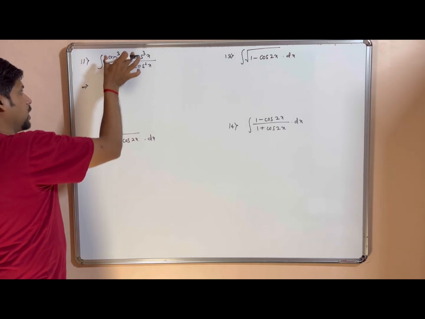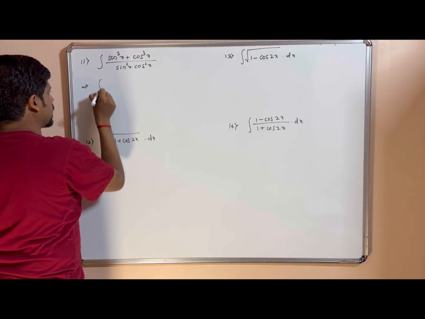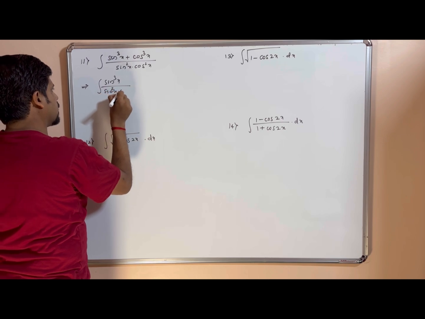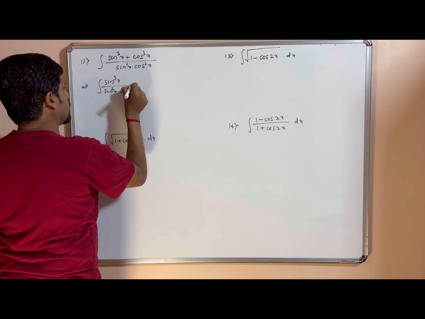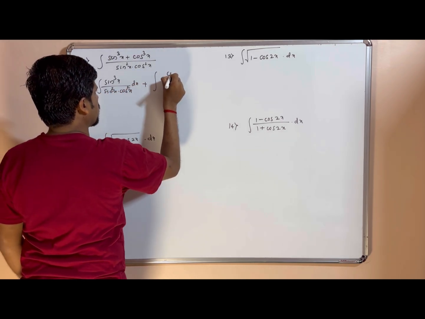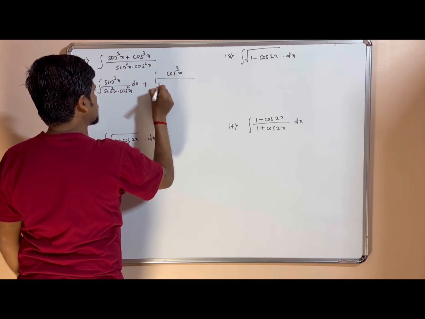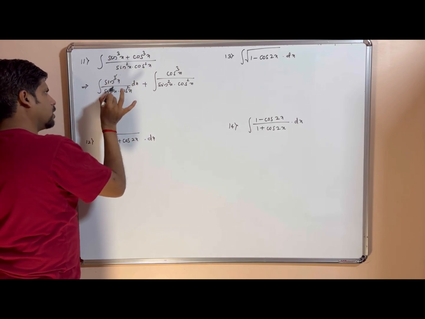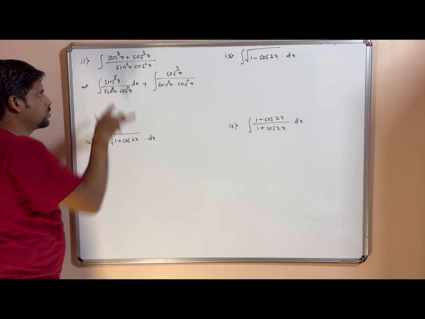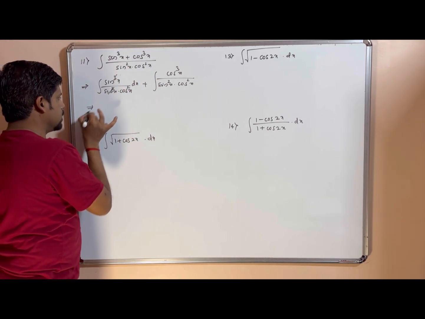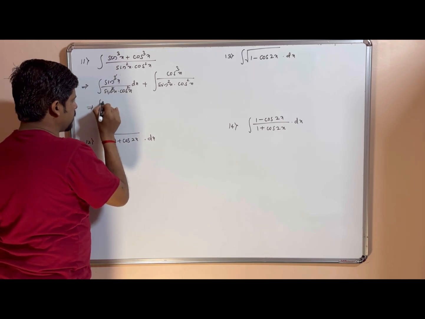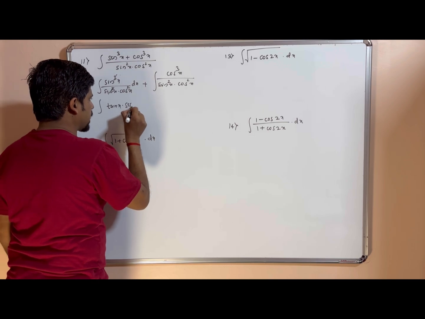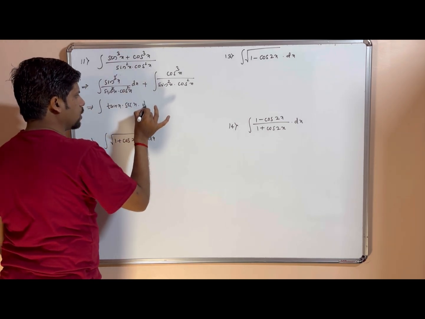So split the numerator: sin cube x divided by sin square x into cos square x into dx, plus integration of cos cube x divided by sin square x into cos square x. Numerator and denominator cancel. We remain with sin x divided by cos square x, which can be written as sin by cos is tan x, 1 by cos is sec x, into dx.